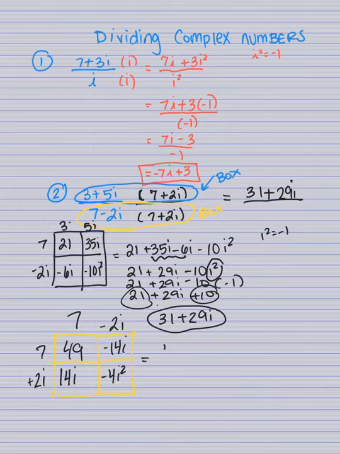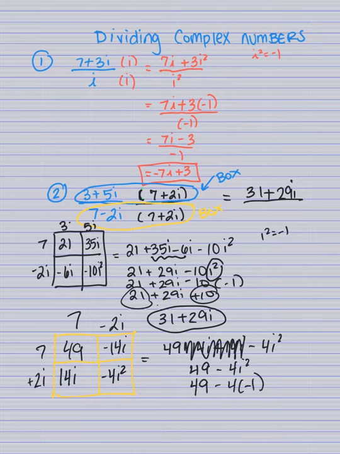So this becomes 49 minus 14i plus 14i minus 4i squared. These cancel. So now we have 49 minus 4i squared. We can replace i squared with negative 1. So this becomes 49 plus 4, which is 53.